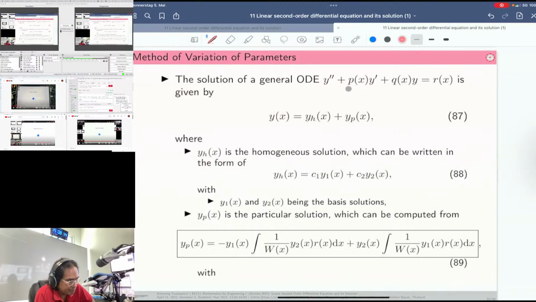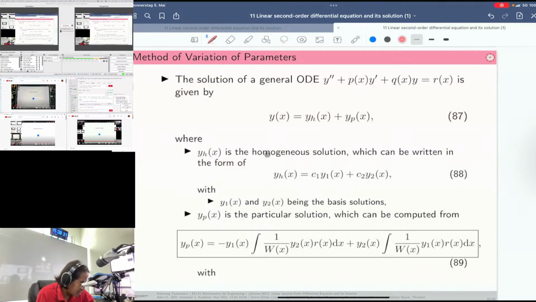It's a function like p(x), q(x). This is the general ODE. It's not constant coefficient. The solution will be again the homogeneous solution combined with the particular solution as usual, as we got used to before.